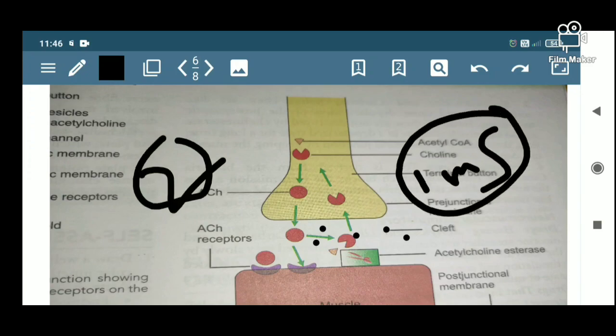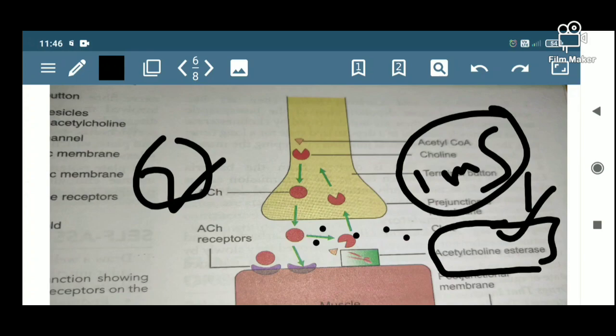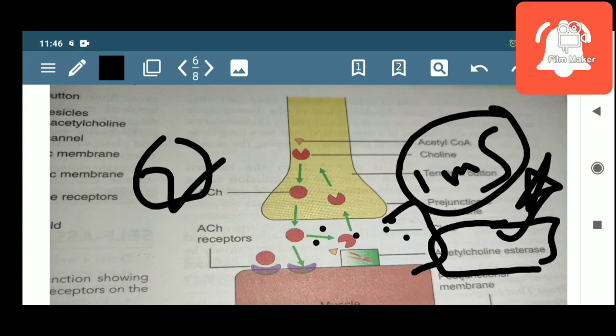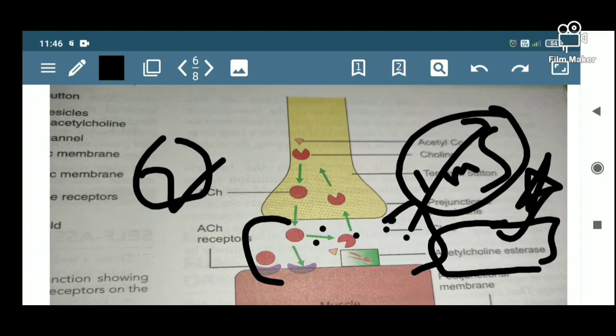Acetylcholine is destroyed by the enzyme acetylcholinesterase, which is present in the matrix of the synaptic cleft. You should write this point, please do remember this. And a small amount of acetylcholine gets diffused out of the synaptic cleft, so it is no longer available to the muscle fiber membrane.